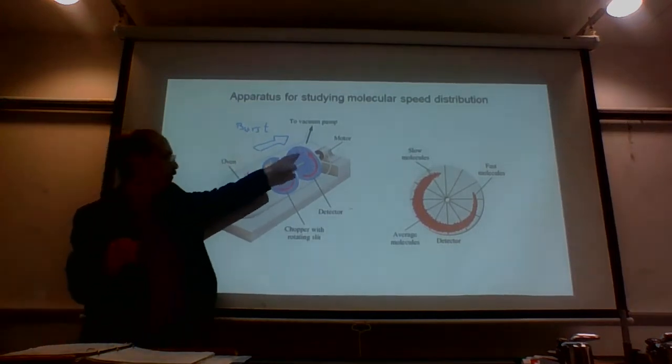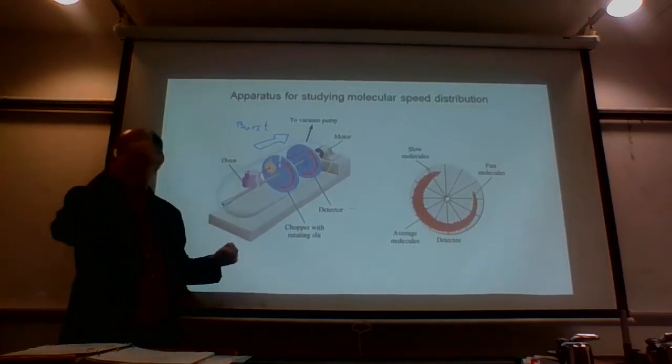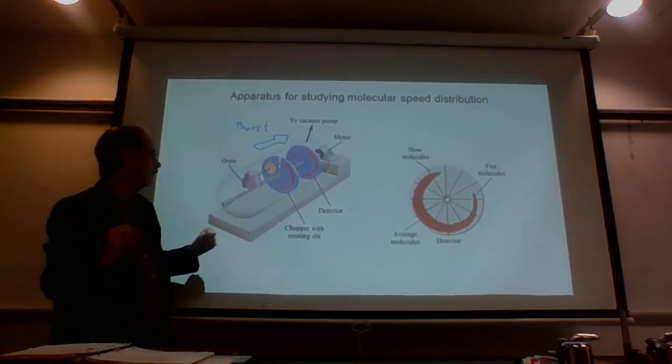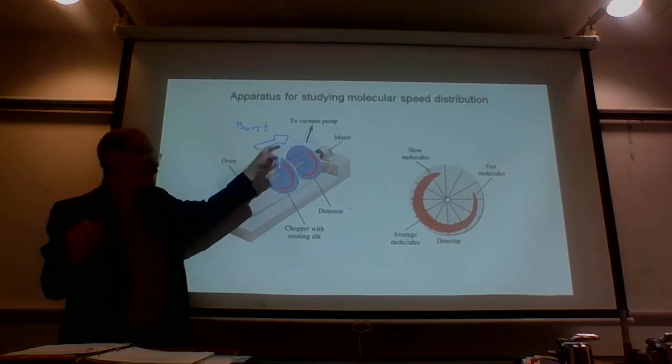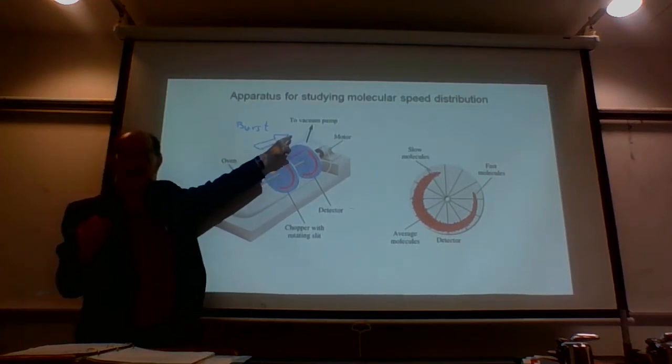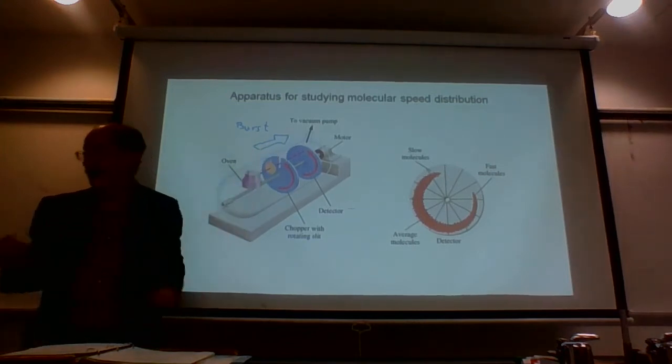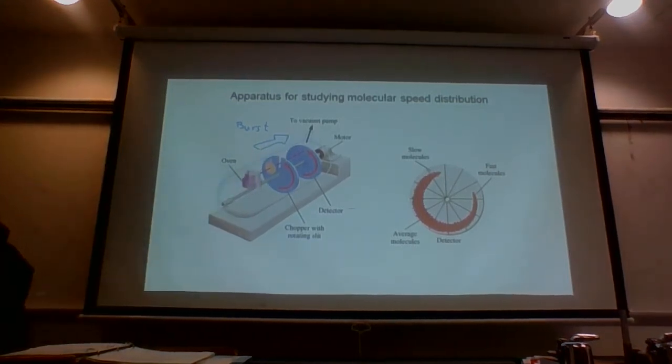So what's coming on this side are little periodic bursts of these particles. Now, what's going to happen here is that the faster particles are going to be at the front of that burst and the slower ones in the back, right? So these are going to be here fast, and this one's going to be slow over here.